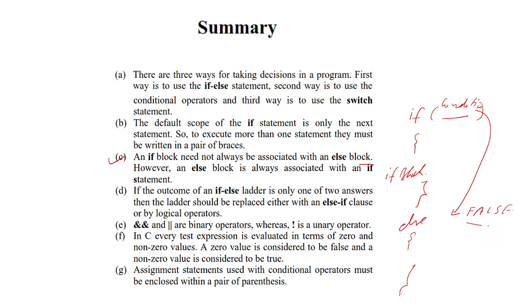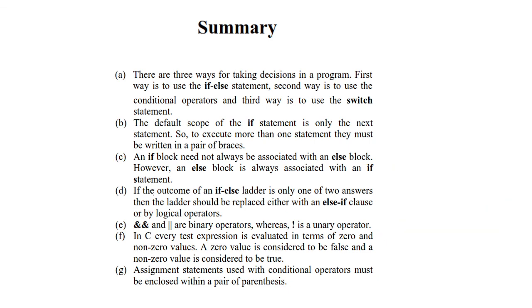But if there is no false condition statement, then it is not necessary to write the else block. This is called the else block, and it is not required if there are no statements to be executed necessarily.